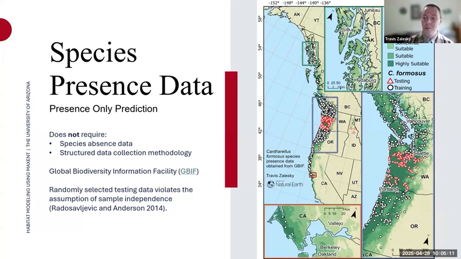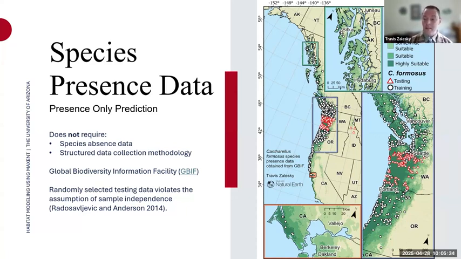But due to Tobler's first law of geography, this violates the inherent assumption of sample independence, as testing points adjacent to training points will not be sufficiently independent to properly evaluate the model. This leads to inflated assessments of model fitness.